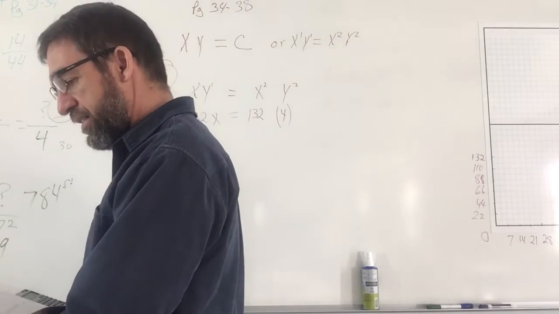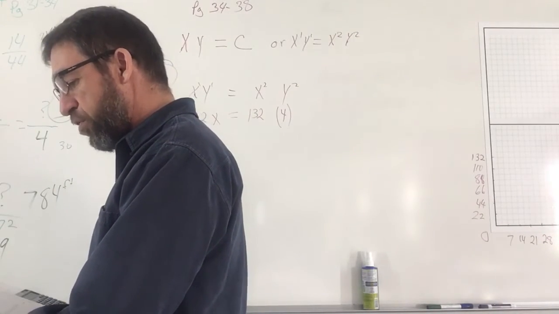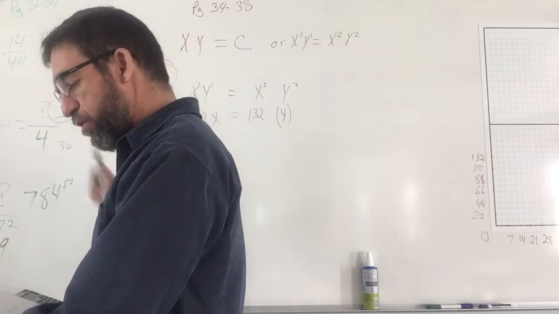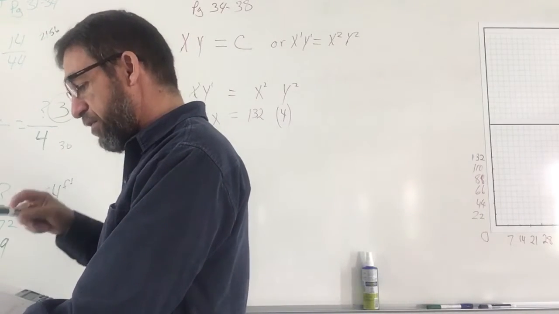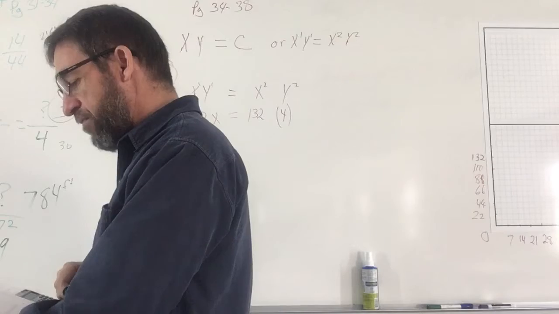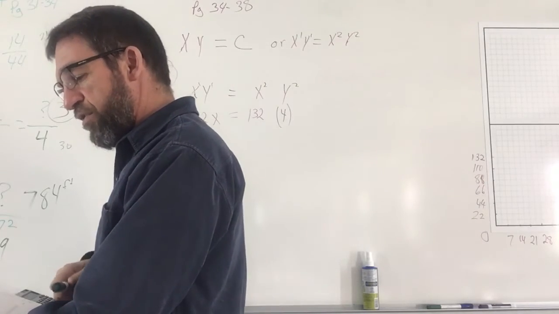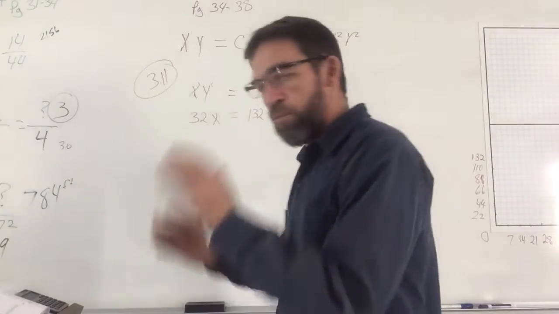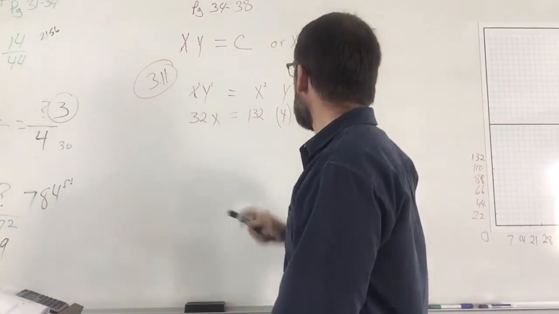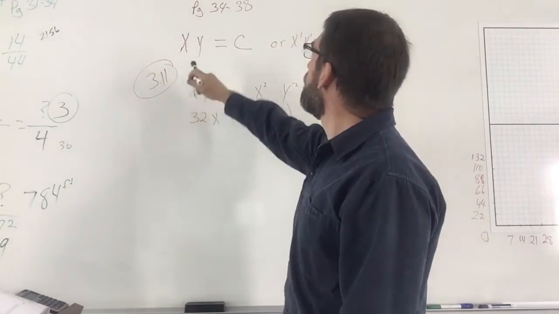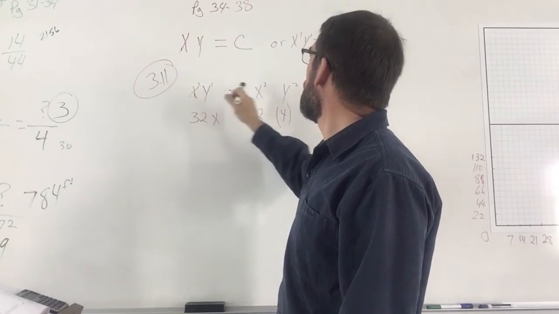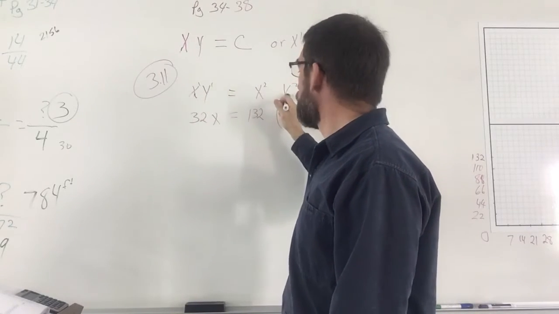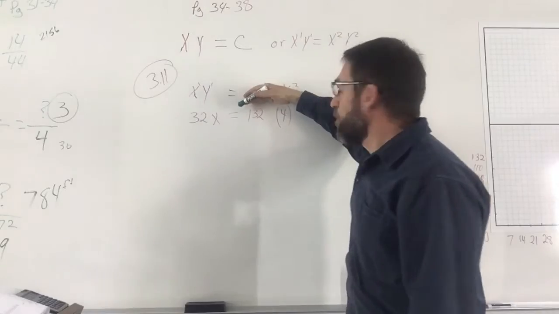Find x when y is 32, given that x varies inversely, okay, not directly, inversely, as y, and that x equals 132 when y is 4. Okay, x and y, that's your proportion that you'll judge it off of. I like to put x1, y1, x2, y2, and so I use that there for my proportions.